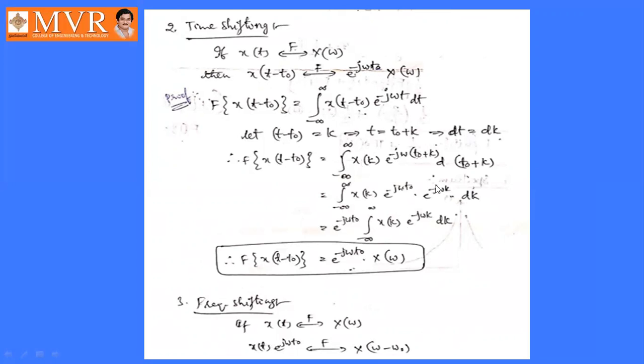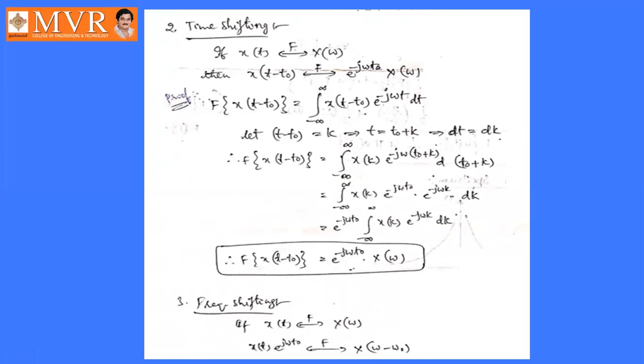So e power minus j omega t naught can be extracted outside. So integral minus infinity to infinity x of k into e power minus j omega k dk is nothing but x of omega. So the Fourier transform of x of t minus t naught will become e power minus j omega t naught into x of omega. Hence proved.